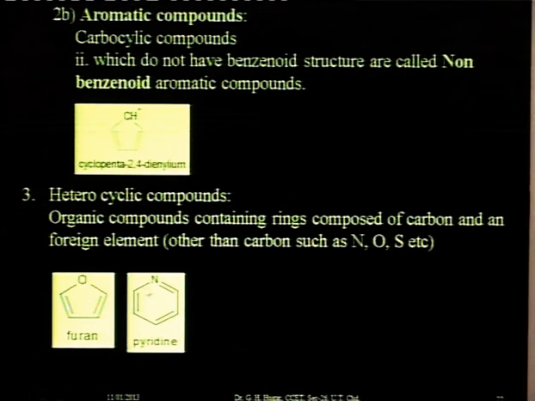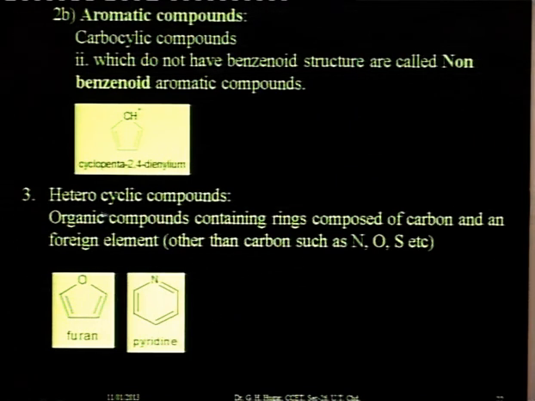Pyridine is one more example in which there are 5 carbon atoms and 1 nitrogen as members of the ring, and this is a hetero atom, and hence this molecule is a heterocyclic compound. So, an organic compound containing a ring composed of carbon and a foreign element, that is other than carbon, such as nitrogen, oxygen, sulfur, may be a member of the ring, not as a substituent to the benzene ring, but they must be a member of the ring.